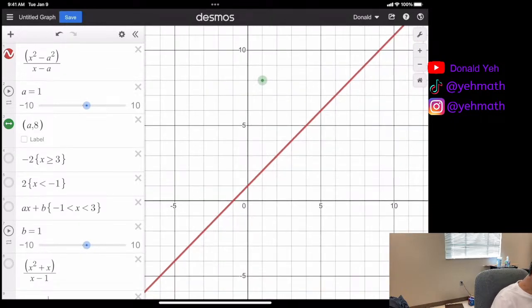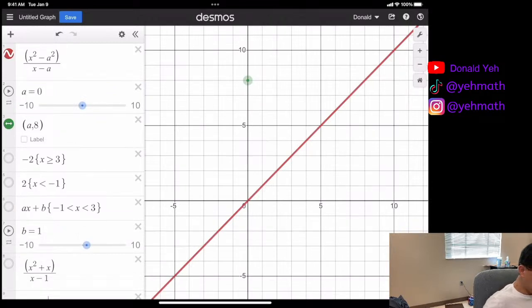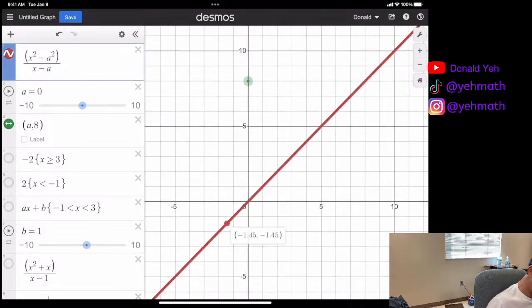So let's just say a equals 0, right? Is this function continuous? Pay attention. There's a hole, right?